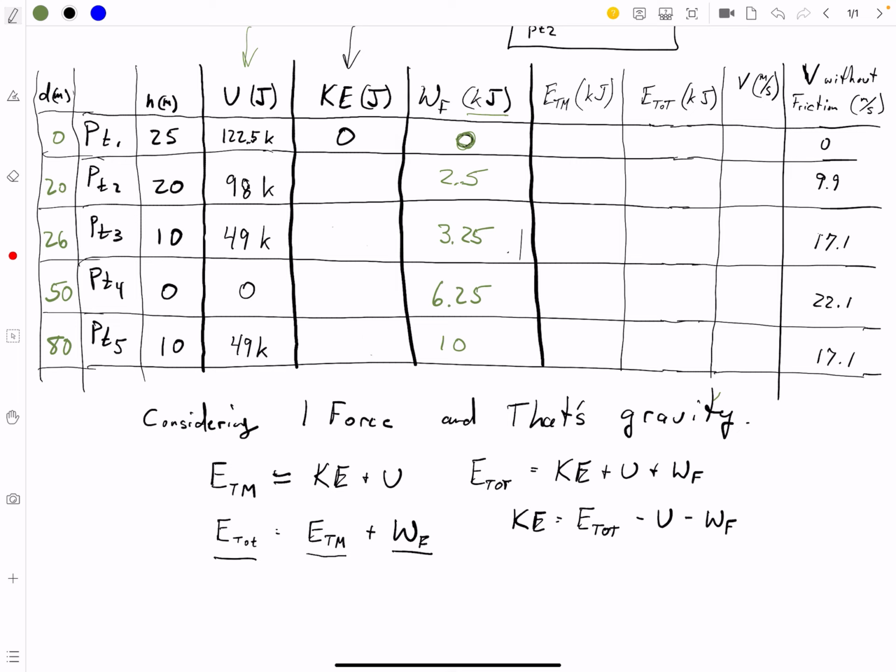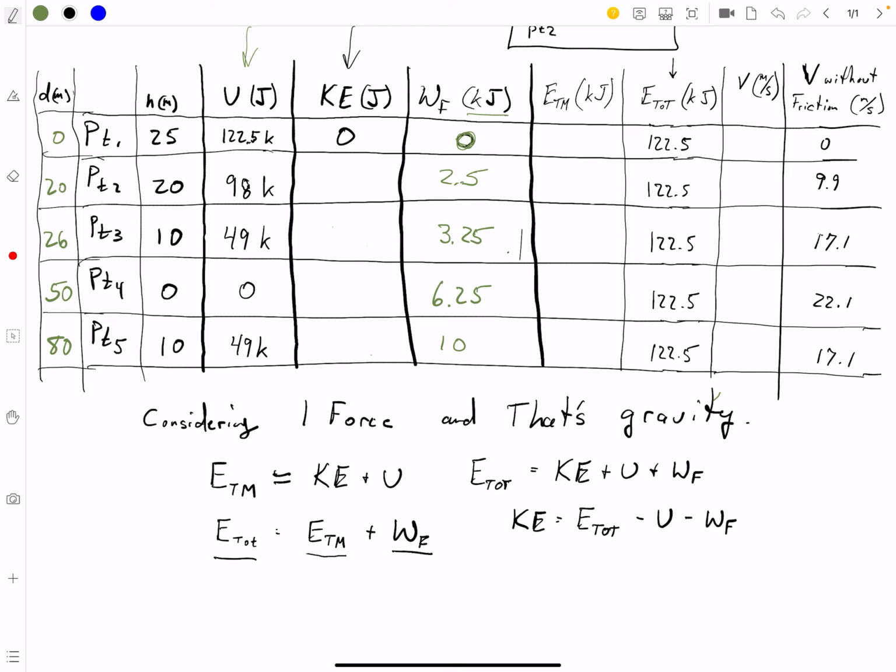Okay? Do we remember what our total energy was? And I've got a thing here, 122.5 kilojoules. And I've got a column for our energy total. And of course, because of the conservation of energy, this energy total has to be the same all the way down. So let's just fill that in real quick.